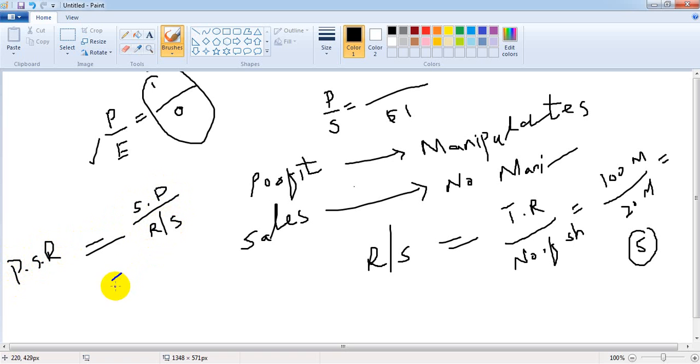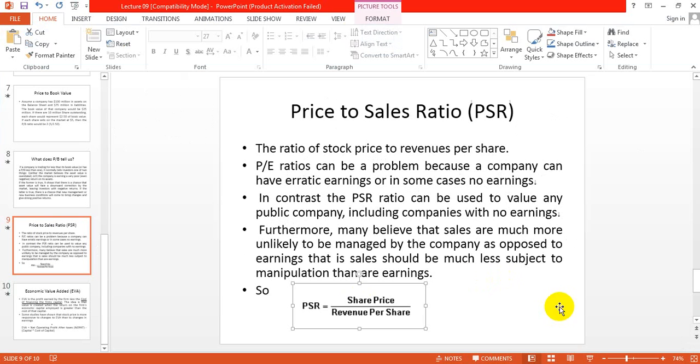Suppose share price in the market is 10 and revenue per share is 5. So PSR, price to sales ratio, will be equal to 2. This is how you will calculate PSR.